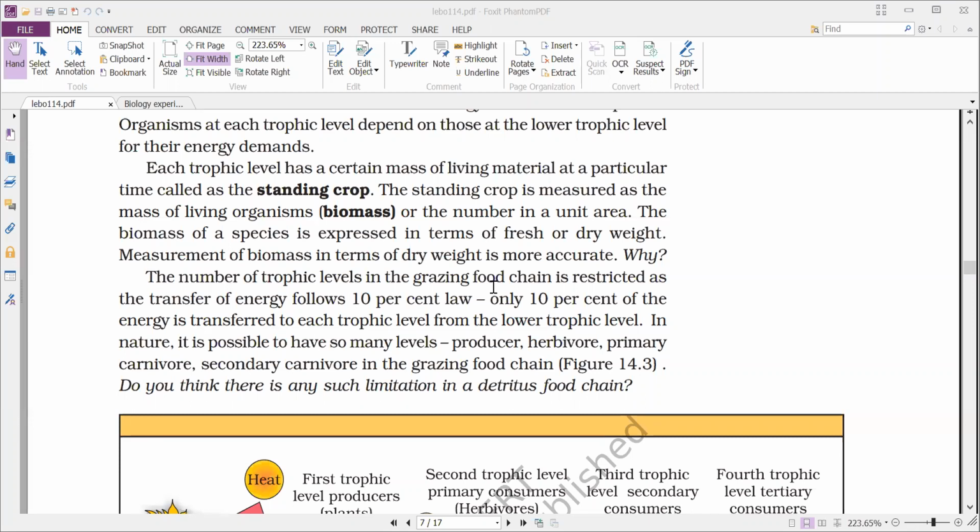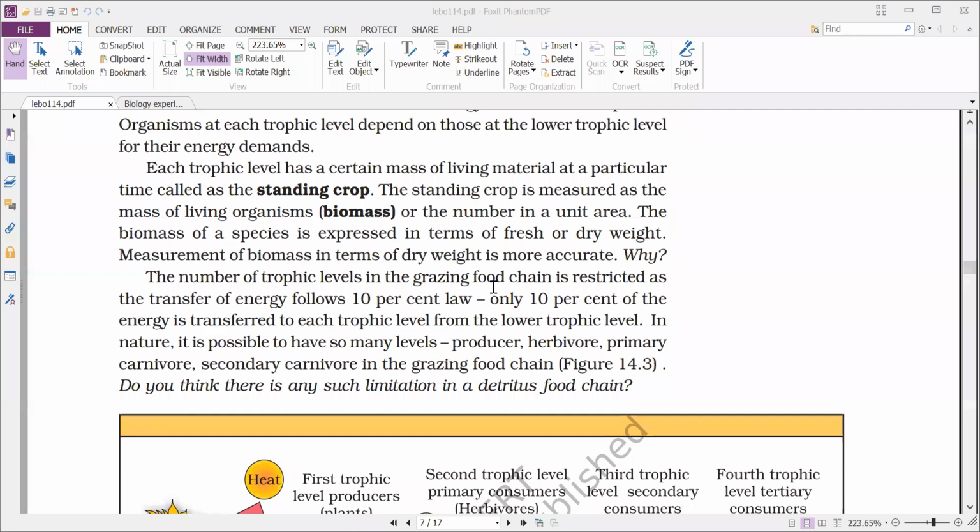So the biomass of a species is expressed in terms of fresh or dry weight. Either we can take into consideration, but measurement of biomass in terms of dry weight is more accurate. Why? Because fresh weight consists of water content also, but water will not provide any energy.